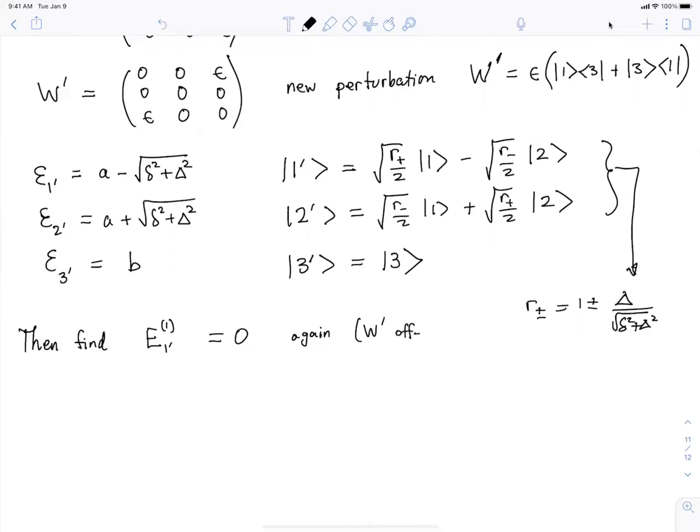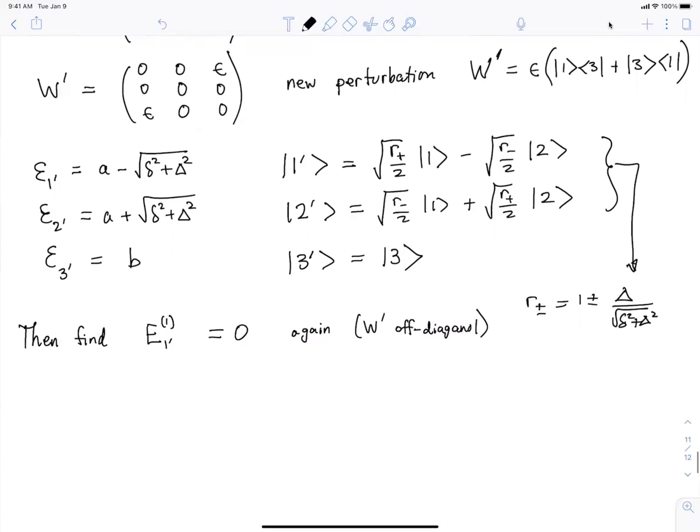Okay, and whenever you have a perturbation that's off diagonal, I can't spell today. Okay, and whenever something's off diagonal, then the expectation value is 0, and therefore the first order correction to the energy is 0.